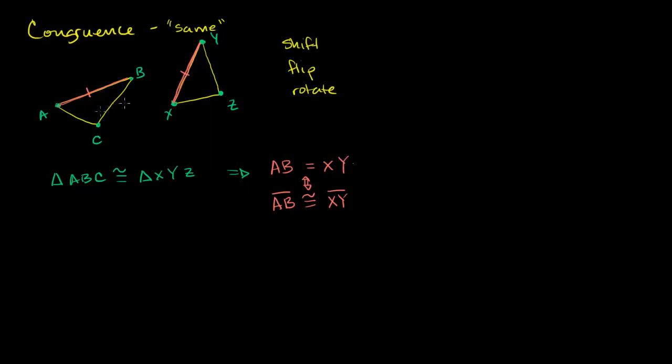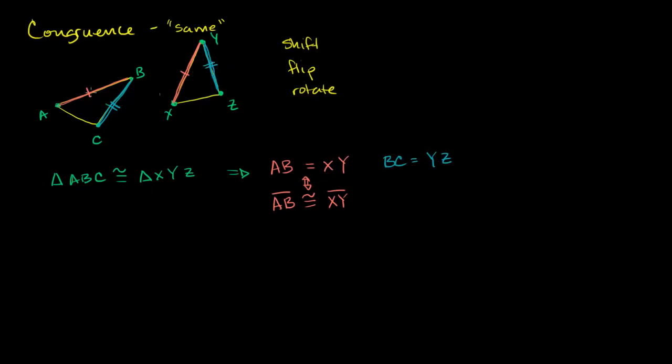If these two triangles are congruent, we also know the length of BC is going to be the length of YZ, assuming those are the corresponding sides. We could put these double hash marks to show that these two lengths are the same.